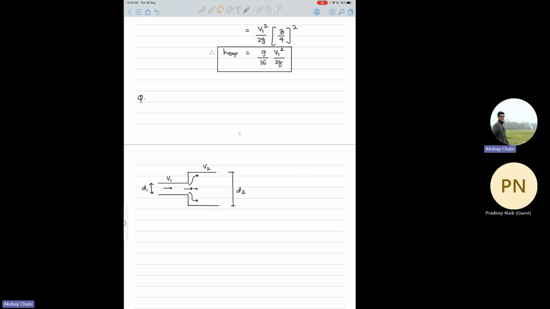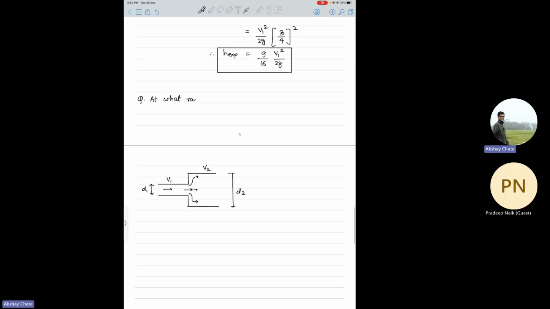Now the question is: at what ratio of D1 by D2 would the differential pressure between inlet and outlet of the sudden expansion be maximum?